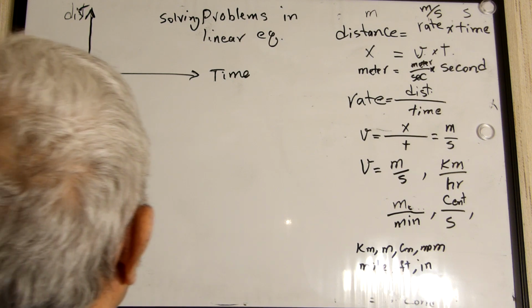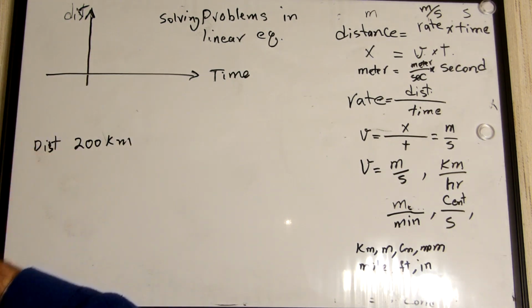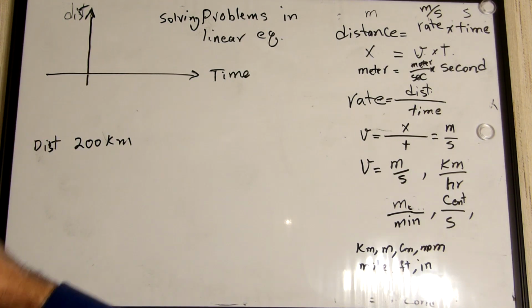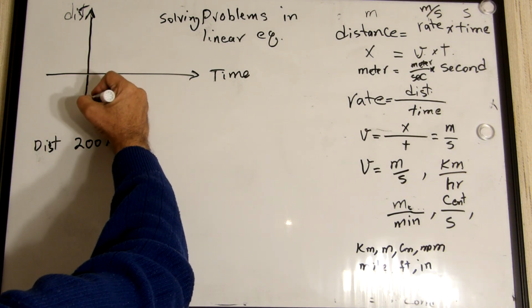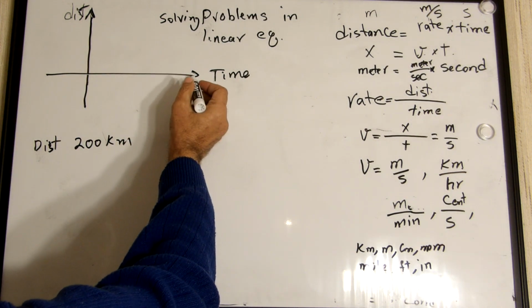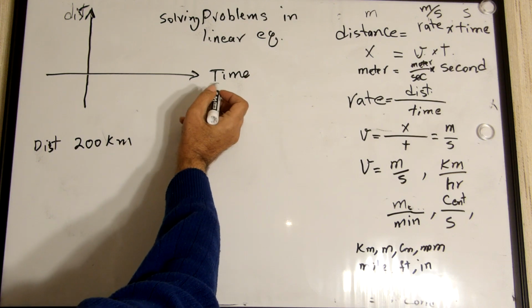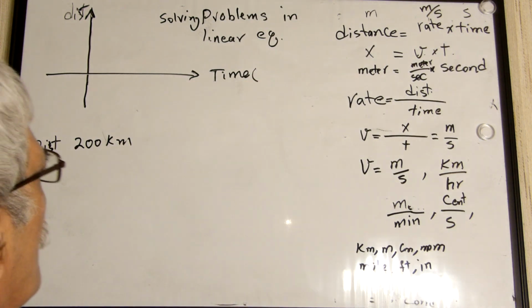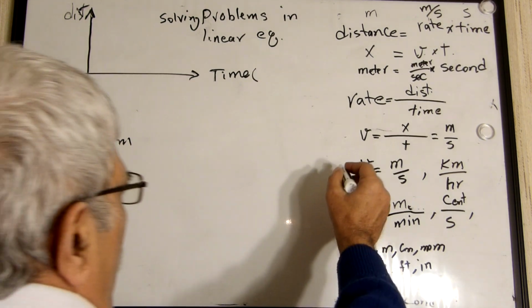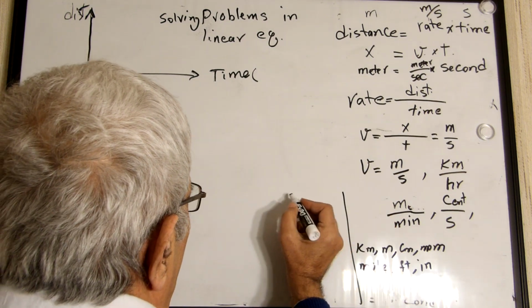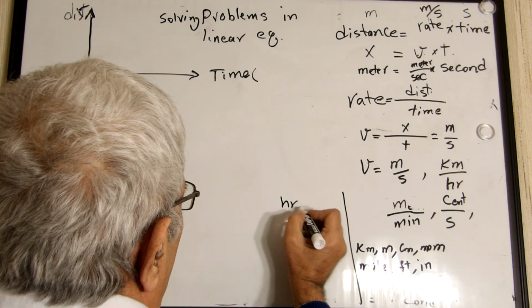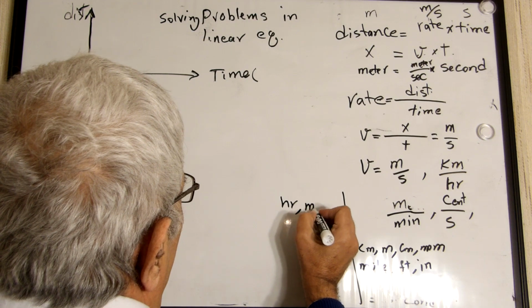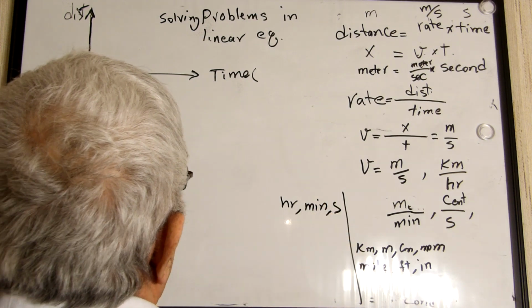Now, if we show it graphically, the x-axis, y-axis. The x-axis is time, t. This t could be hour, minute, second.